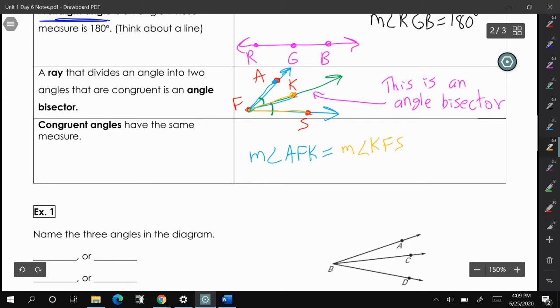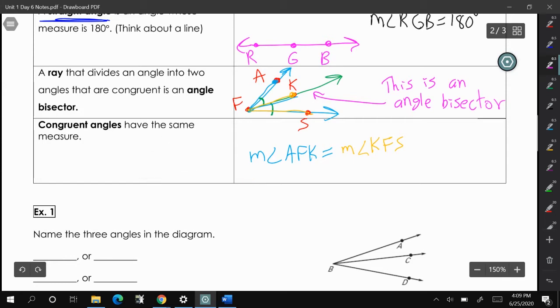Now again, you could go in a different order. I could have said angle SFK, and that would have been the same thing. So these two angles have the same measurements. That means they're also congruent.